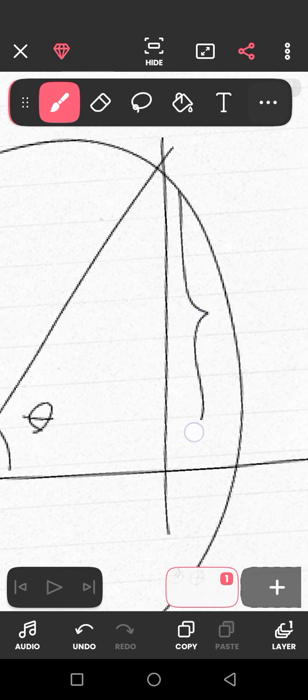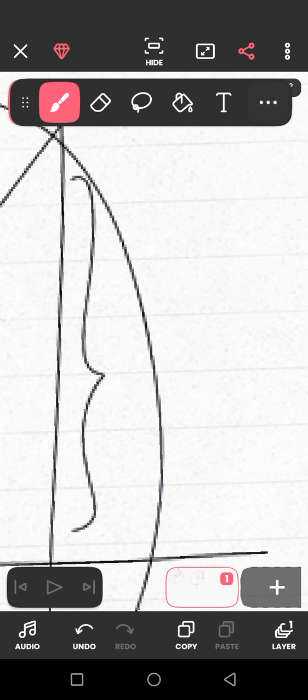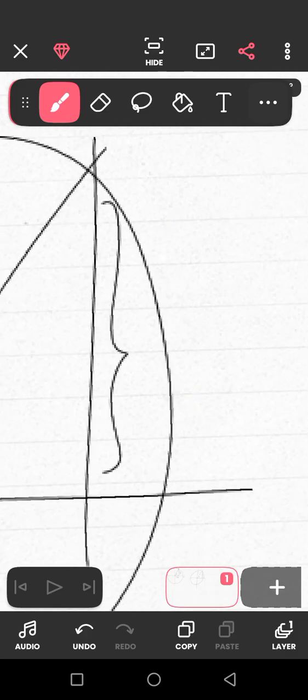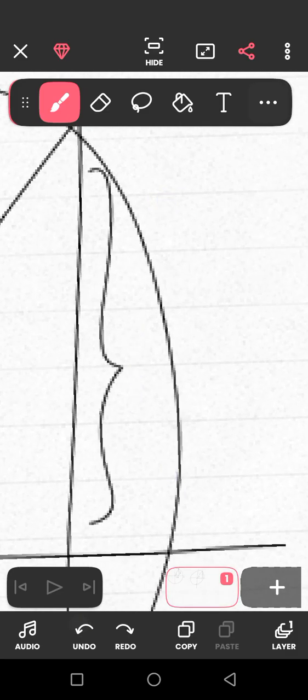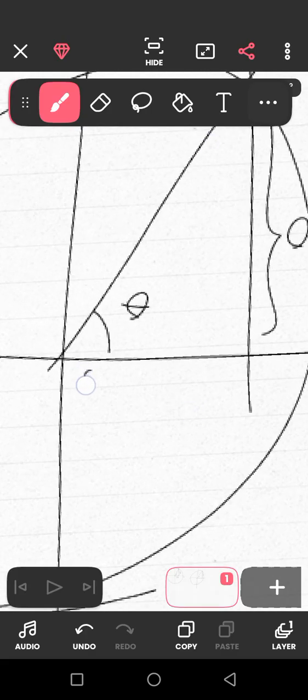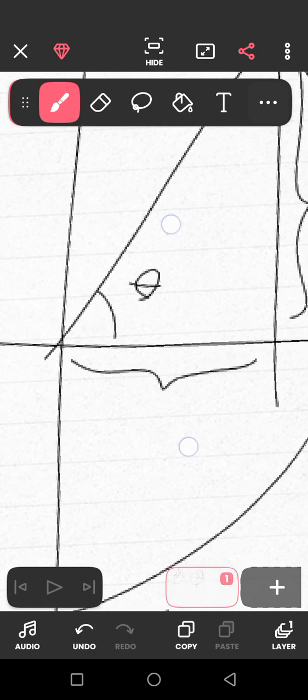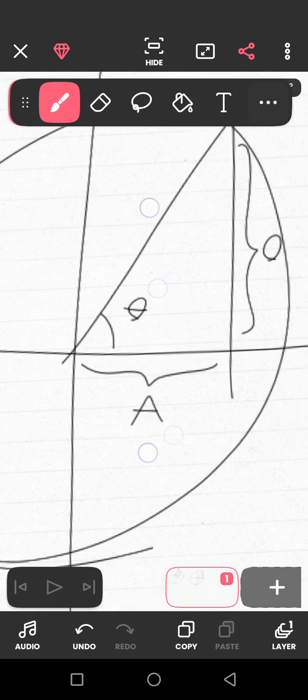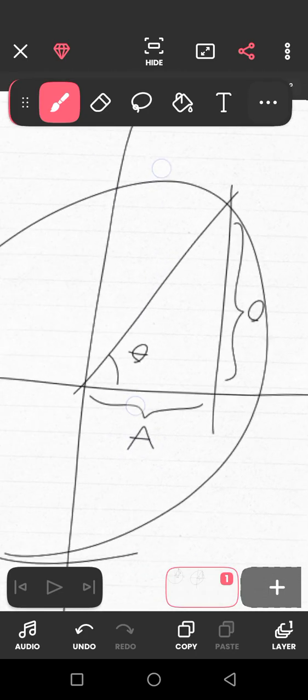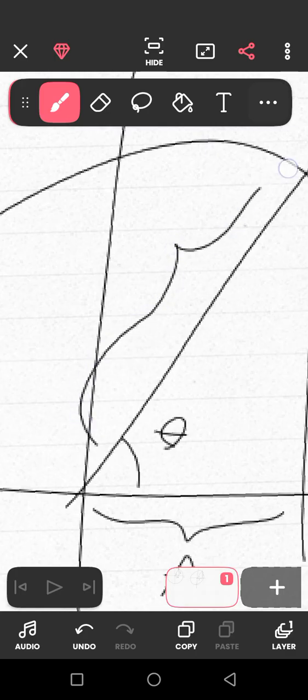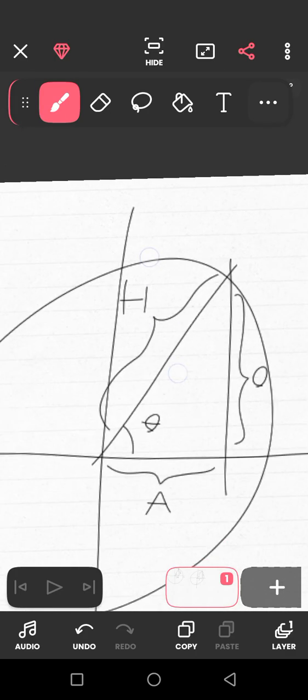This length is equal to opposite, or radius multiplied by sine theta, or O, standing for opposite, and this length right here is adjacent, which is r multiplied by cosine theta, and this is hypotenuse.